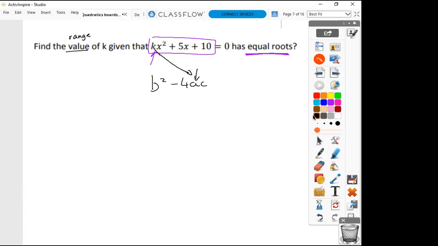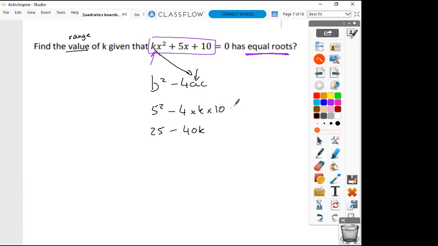Okay, so let's have a wee look at that. So B is 5 squared minus 4 times K times C, which is 10. 25 minus 40K, essentially.